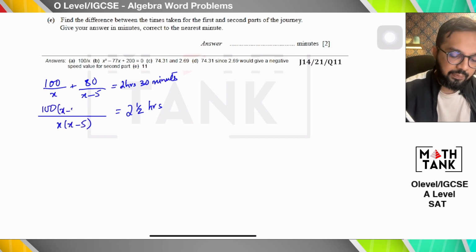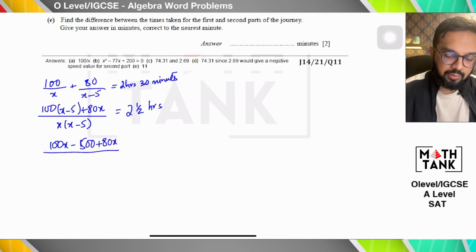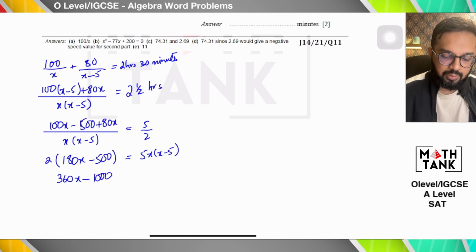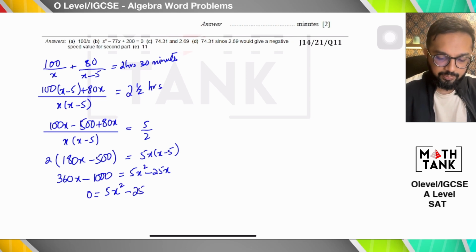So 100 into x minus 5 plus 80 into x. 100x minus 500 plus 80x, equals 5 over 2. 180x minus 500 into 2, and 5x into x minus 5. 360x minus 1000, 5x square minus 25x. 5x square plus 335, oh, my bad, not rushing through this one.